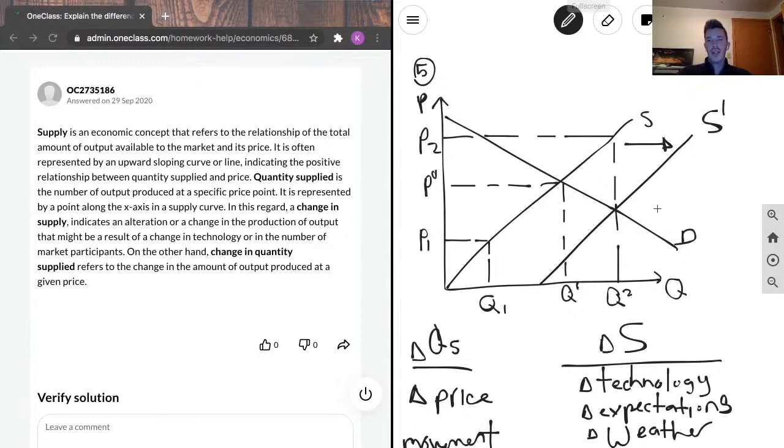And assuming demand stayed the same, the price would go down from the original equilibrium price, and quantity would go up. Similarly, let me try that again.